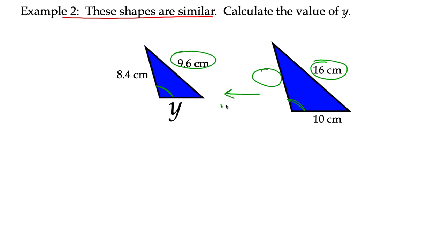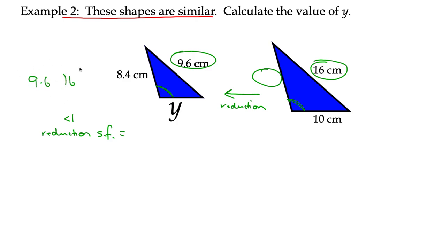So we're actually looking for a reduction scale factor, which is going to be a number less than 1. So we can write down the word reduction scale factor equals. Now we're writing the word reduction scale factor because we're looking for a number that's less than 1. So we've got 9.6 and we've got the number 16.